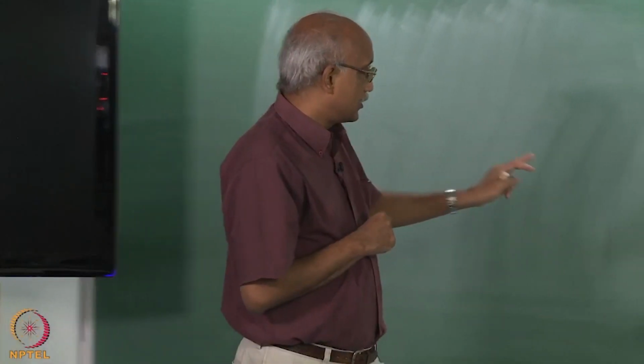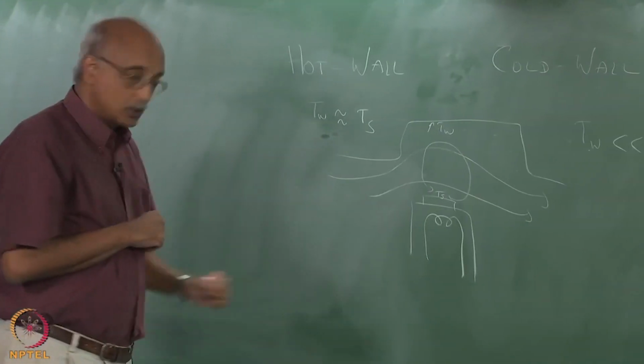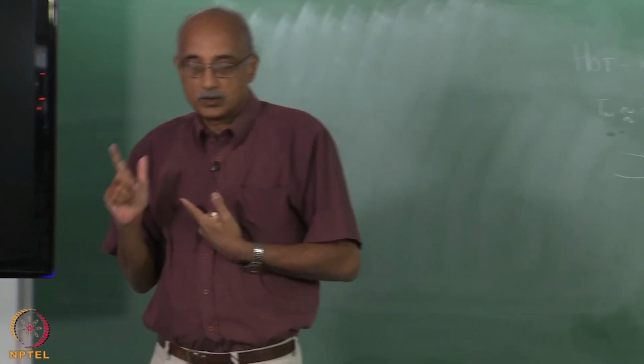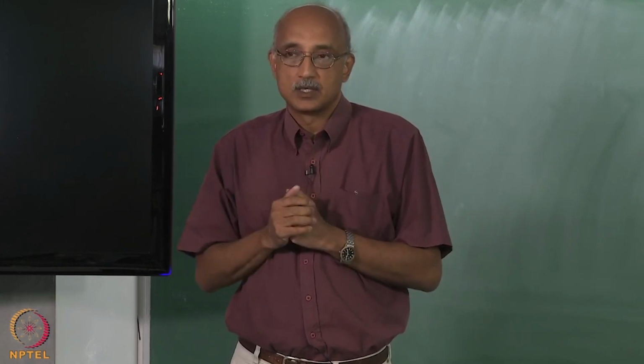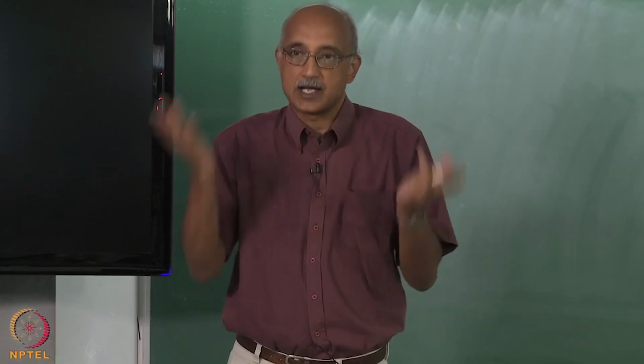But in the case of the hot wall reactor, although you are avoiding this natural convection flow due to a steep temperature gradient, you now have to deal with the possibility that you could have a lot of nucleation of the condensed phase in the gas itself.